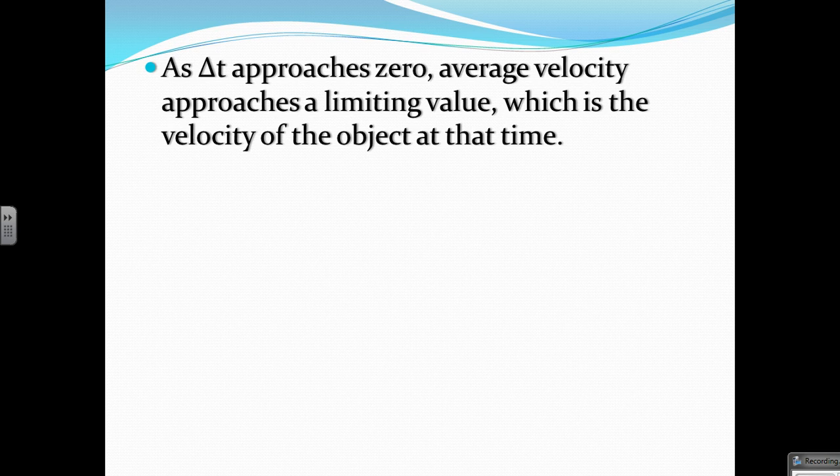When we're looking at velocity, average velocity is not going to represent any particular velocity on our path.